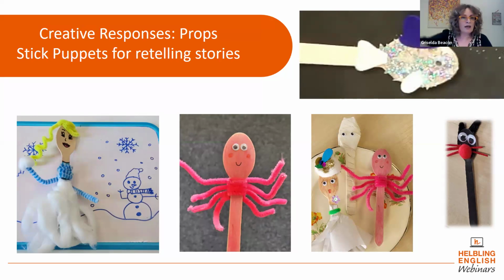Or when you read the story, they have to put them up whenever the character appears. So if I have this one, whenever the woman with the blue hair is mentioned, I have to go like this. Or when the woman with the red hair is mentioned, I have to go like this. Or when the dog is mentioned, I have to go like this. And the different children have different stick puppets.